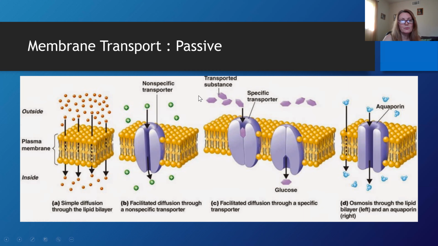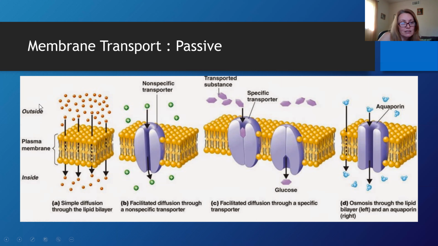So the transport can be divided into passive and active transport. Passive transport doesn't require ATP, and active transport does. So if ATP is not used through the movement of ions or molecules across the membrane, we can call it passive.